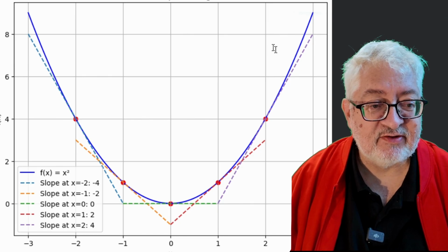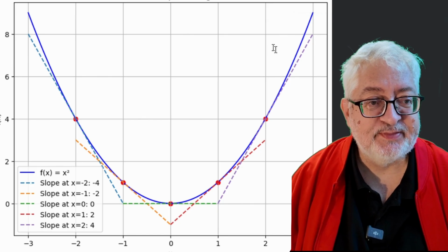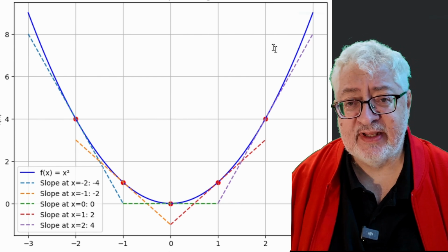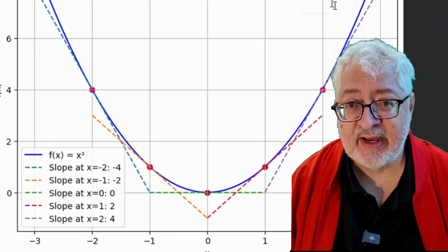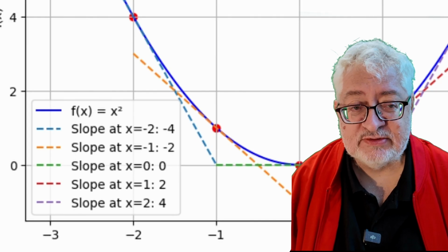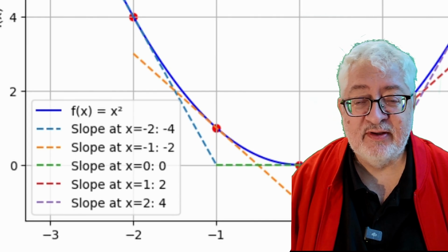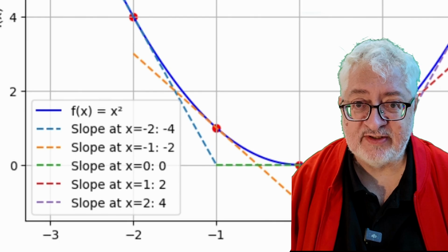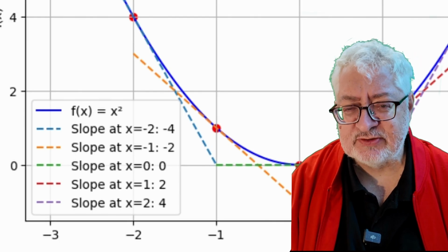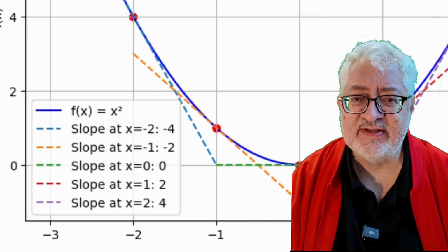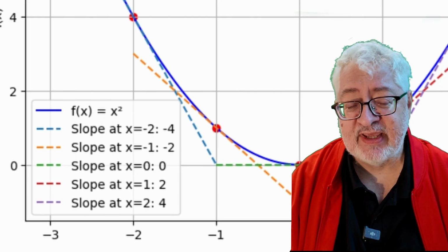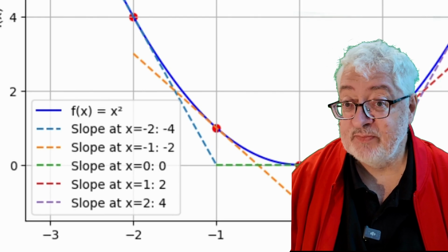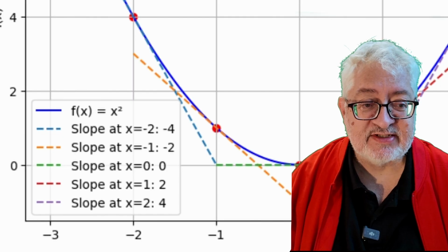If I find the difference between them, then I will see that my slope has the formula of 2x. And this is all we need. So this gives you some idea why the slope is like this. But again, we don't need to do this here. We will assume that we have the derivatives of whatever we want to calculate.